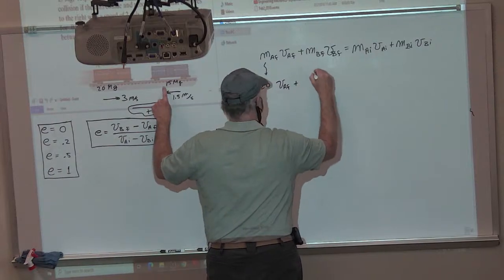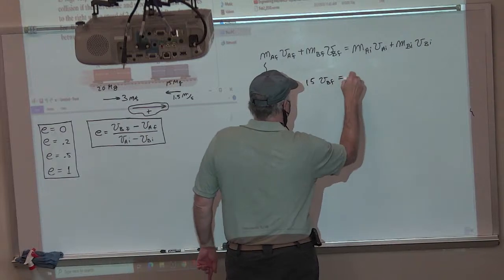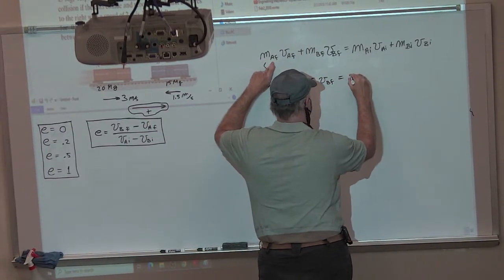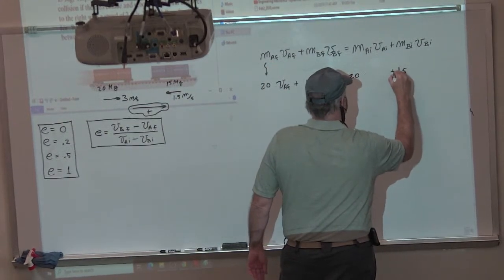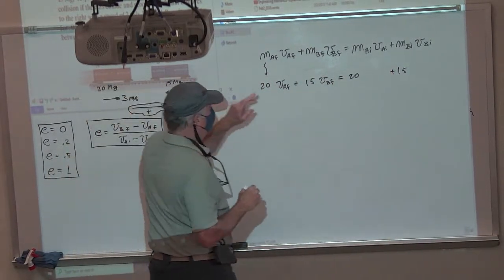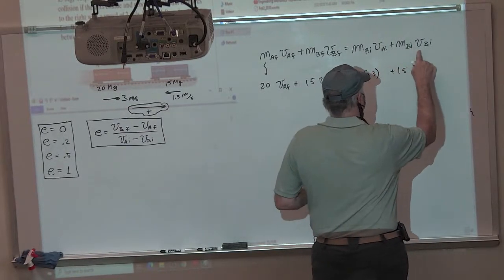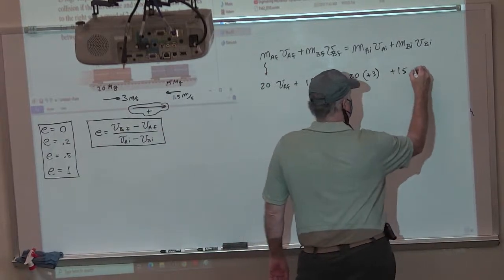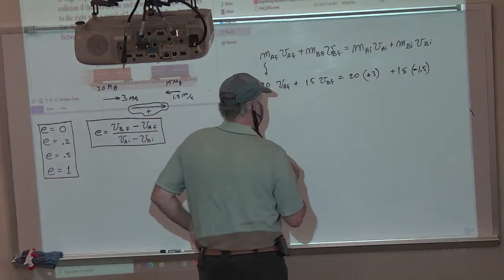B, this one is 15, V_B final. The initial masses don't change. V_A initial is plus 3. V_B initial is minus 1.5.